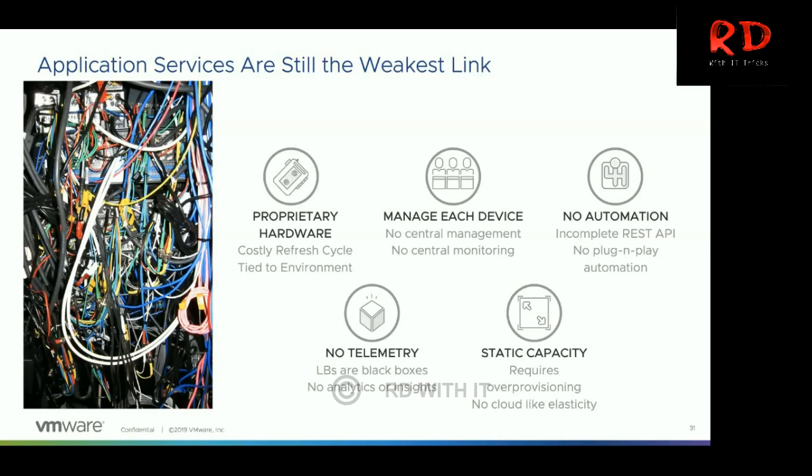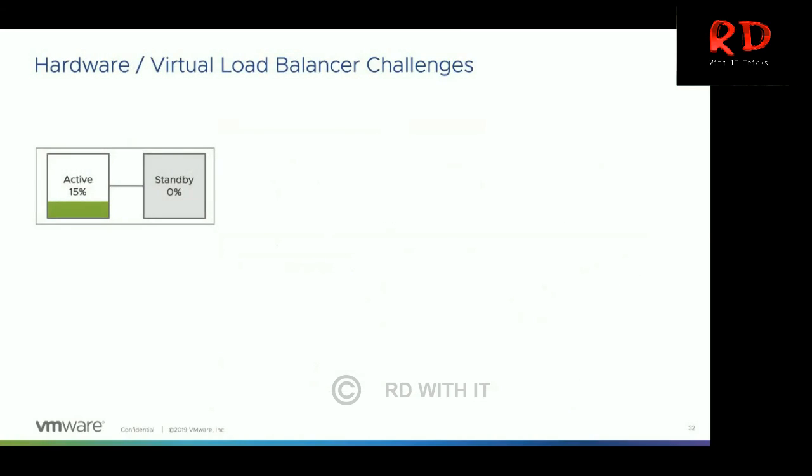And in terms of capacity, physical load balancers are always active standby, right? So as a minimum, you'll have 100% overprovisioned capacity, which I'll go into in the next slide. Say today you go out to a hardware vendor and you say, let me buy a load balancer, and for maybe the first 2 years I'm going to use 15% capacity of it.